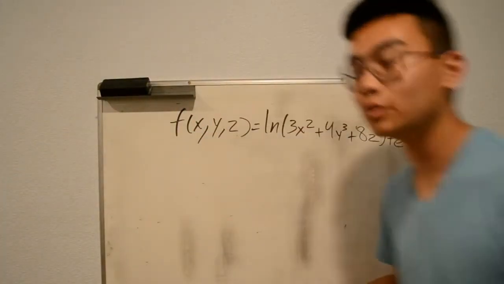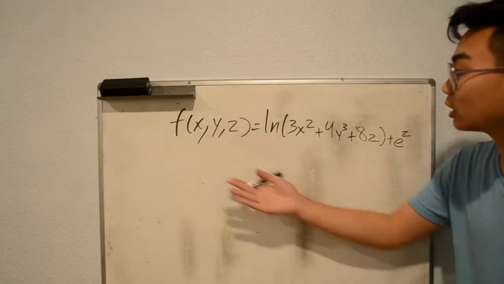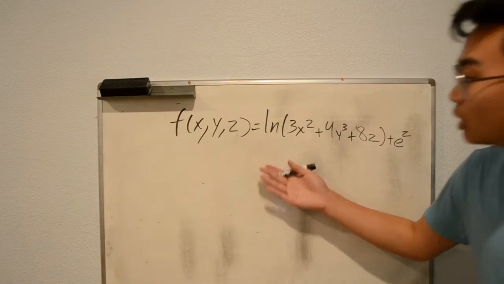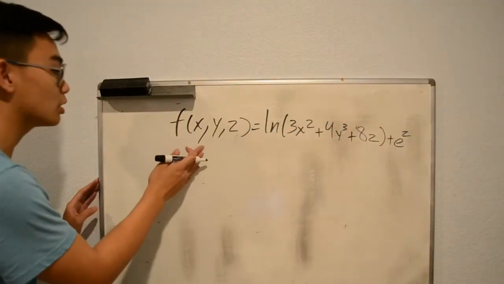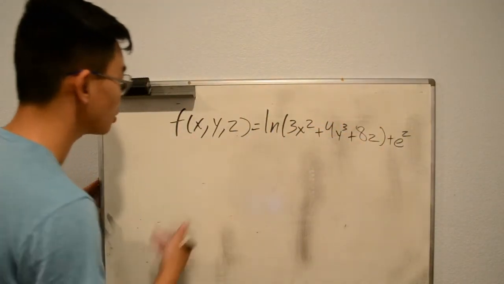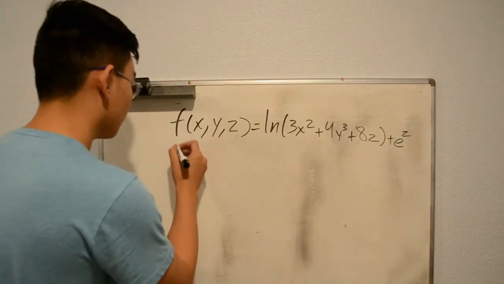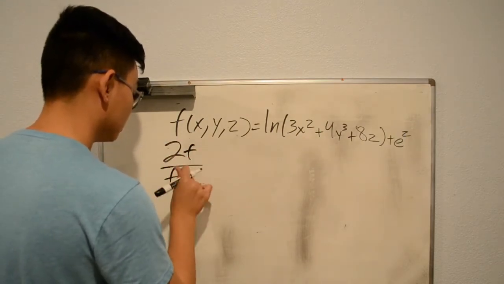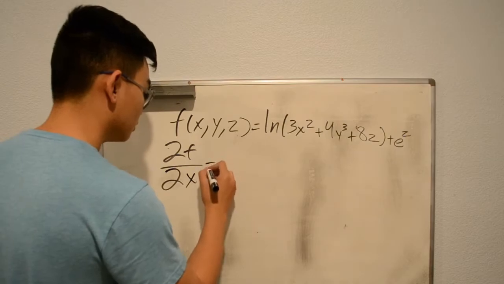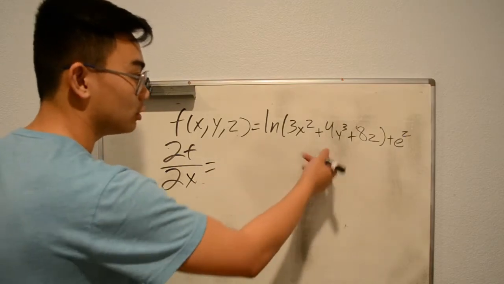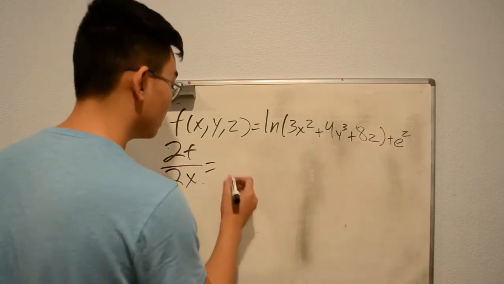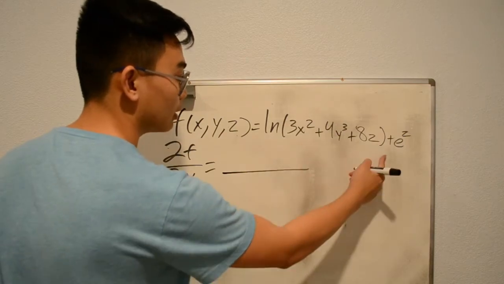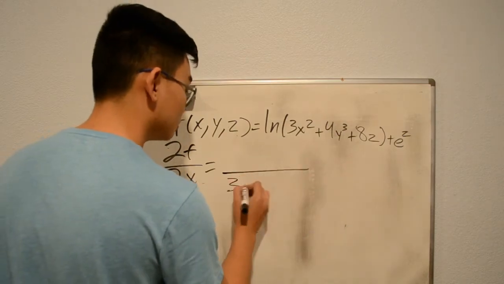Okay, so let's now do the example for if you have 3 variables. If you want to find the partial derivative for x, you start there first. Then you just solve, remembering that chain rule.